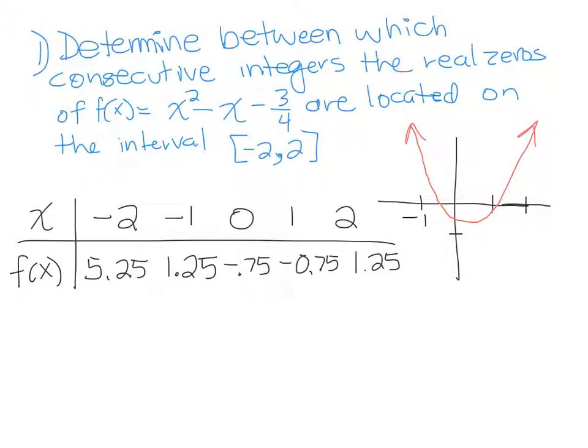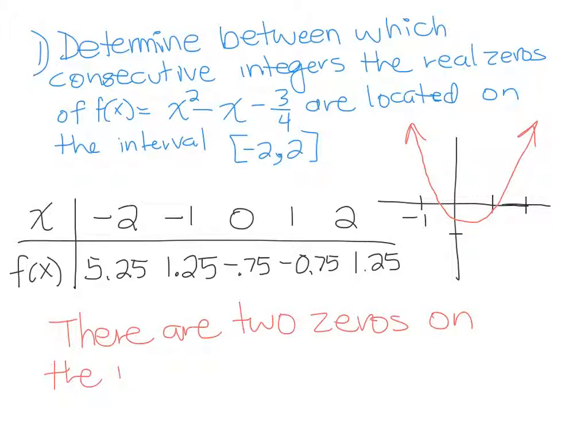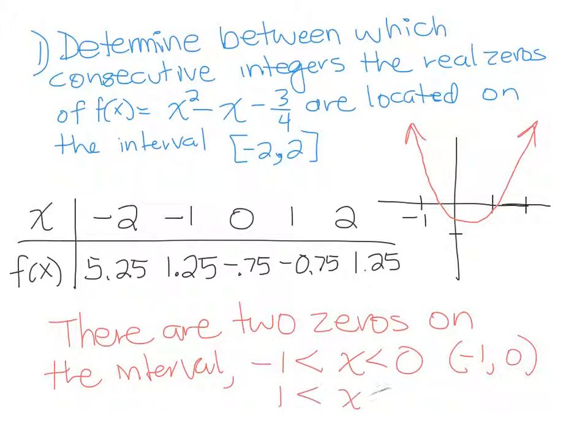So therefore, the conclusion is going to be there are 2 zeros on the interval, and those 2 zeros exist between -1 less than x, and x less than 0, or also we can just say between -1 and 0, and also from 1 less than x, and x less than 2, which is the same thing as 1, 2.